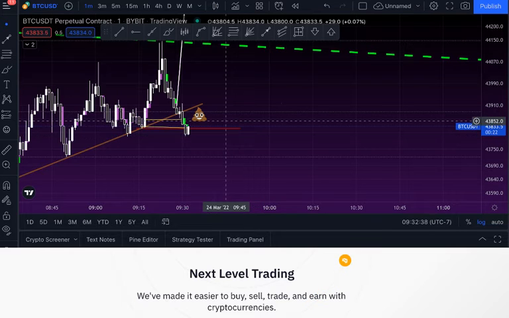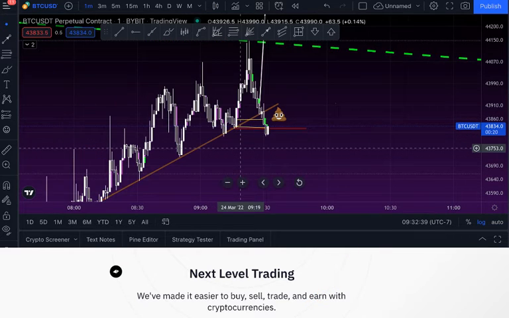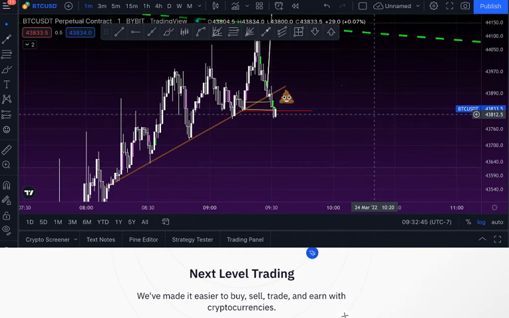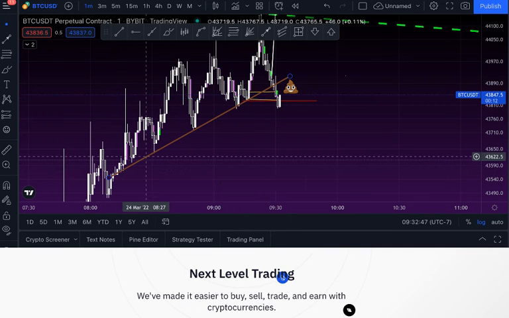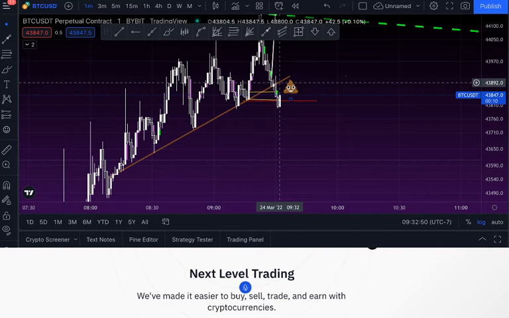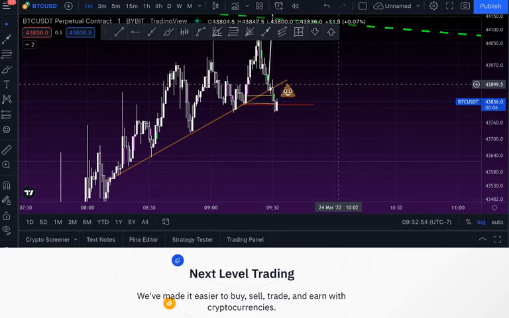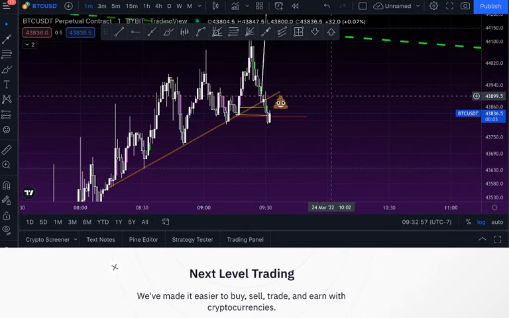I mean, that is a really nice retail trend line that people will be looking at, shorting this market, and see if we can get a quick move back up.